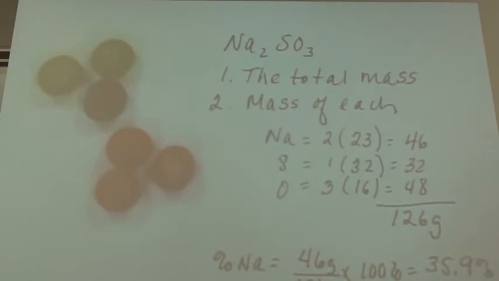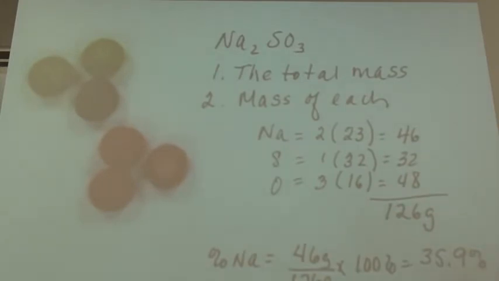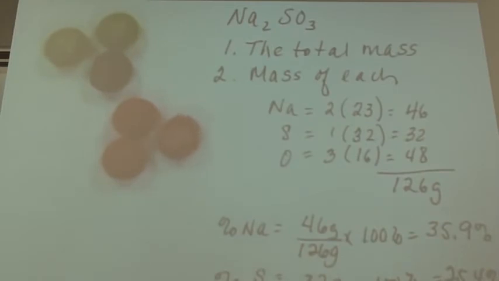Less. 32 grams over 126 times 100% is 25.4. And the percent by mass of oxygen is 48 over 126, which is equal to 38.